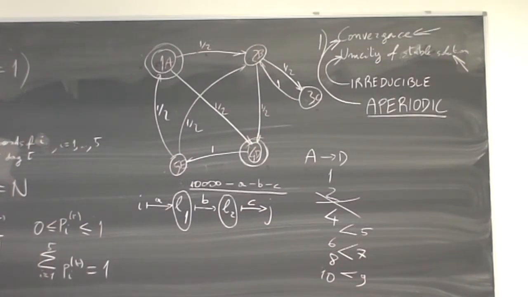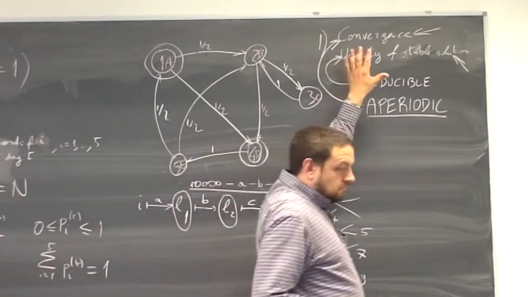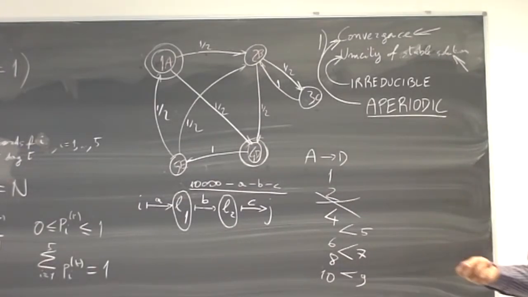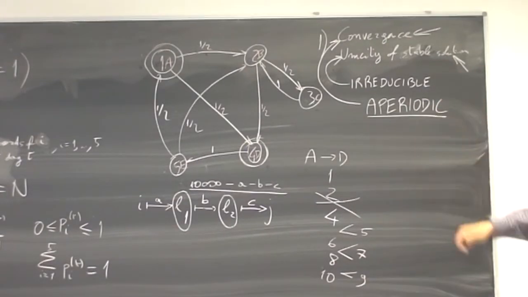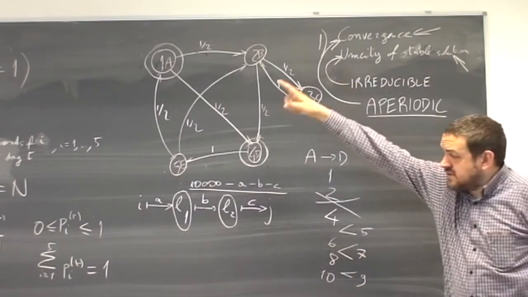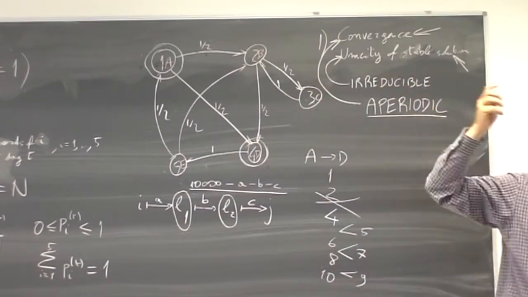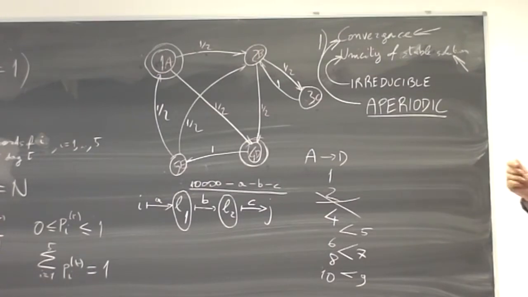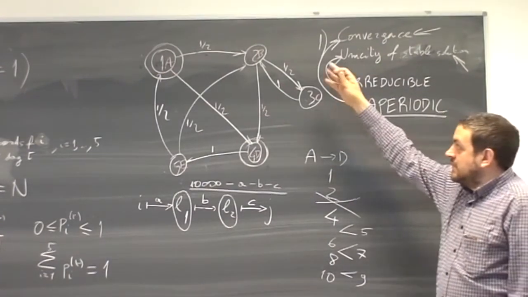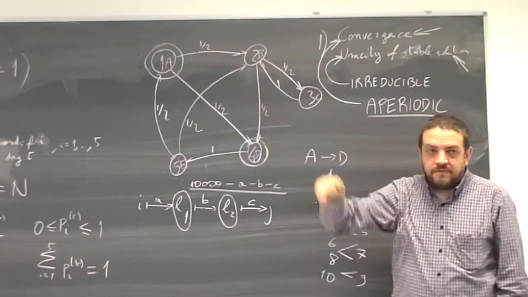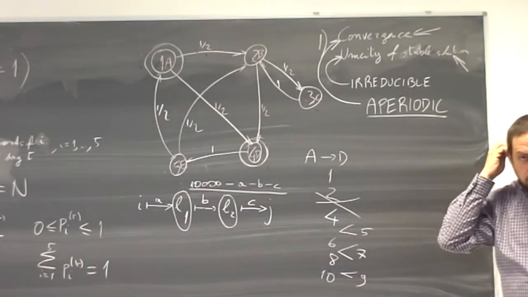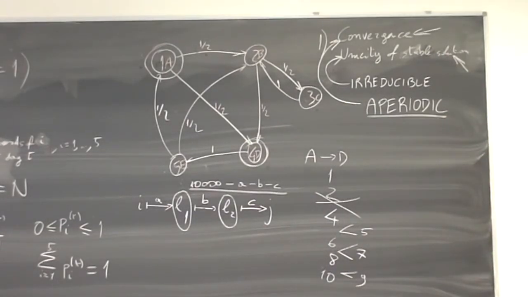Okay, so the first question was the usual question that you ask when you're looking at this kind of process, for example, at the PageRank algorithm. Is the system nice enough to converge to some good value?